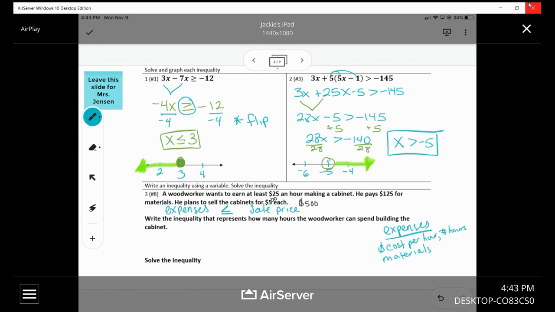So he would take the amount he charges per hour times the number of hours plus the cost of materials. We want this all to be less than or equal to his sale price.